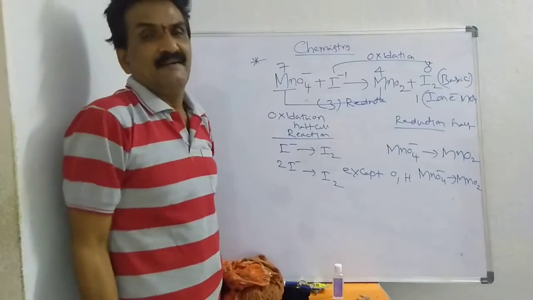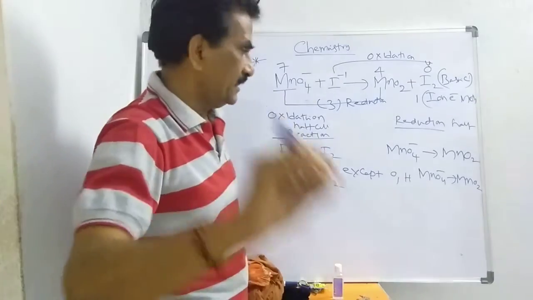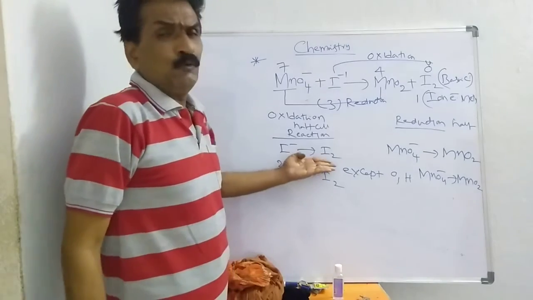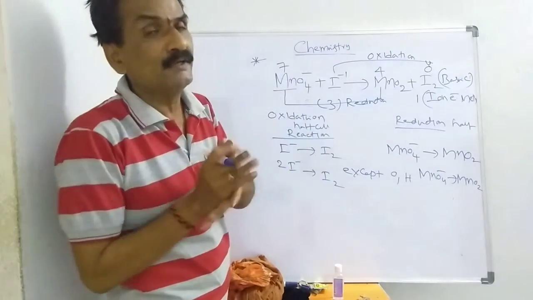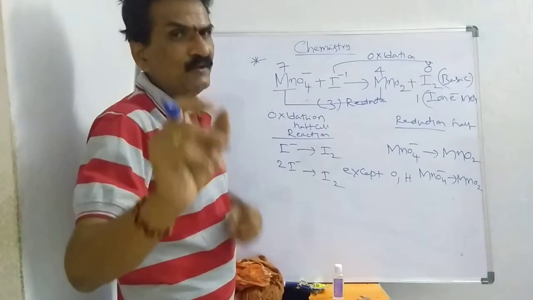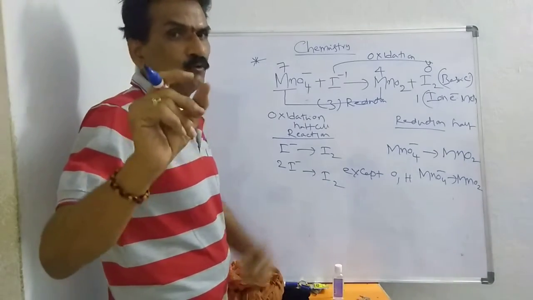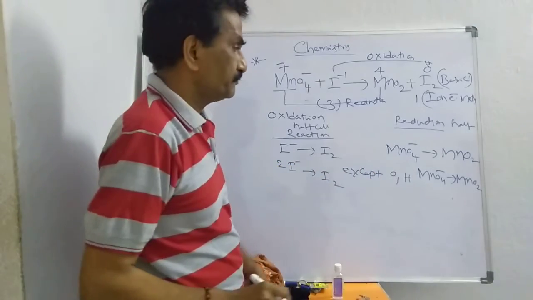Next, you pay somewhat more attention here. Up to this, everybody will do this problem in basic medium. Students will find it somewhat difficult to solve this equation, for which I am stressing this equation once again.